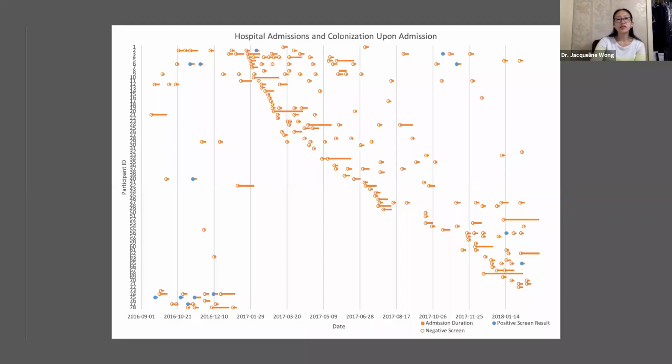And so graphically, these were all the unique patients that we had in our study. Each line represents a unique patient. Each orange bar represents the duration of a hospital admission. If there is an orange open circle, this represented someone who tested negative and didn't have colonization.